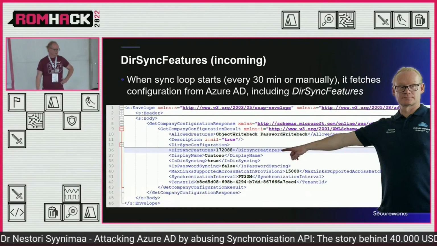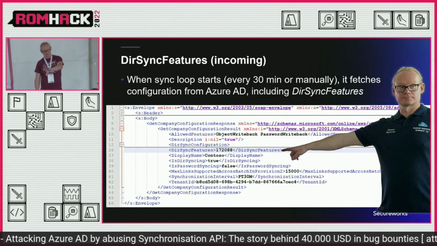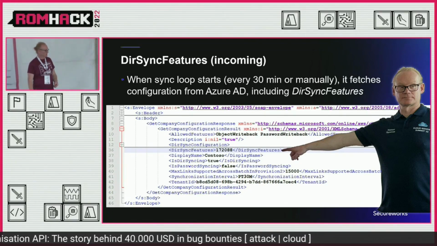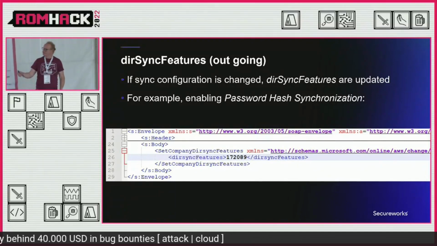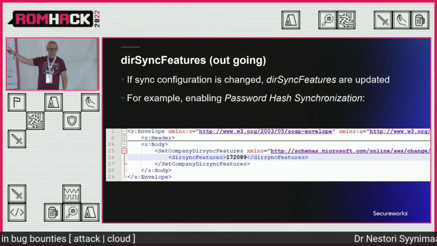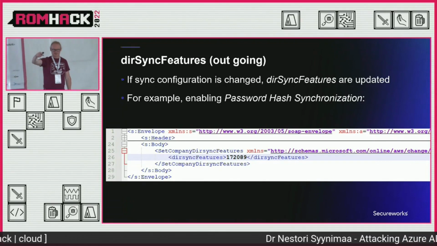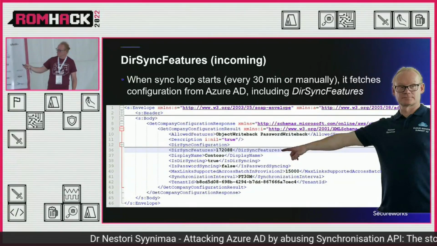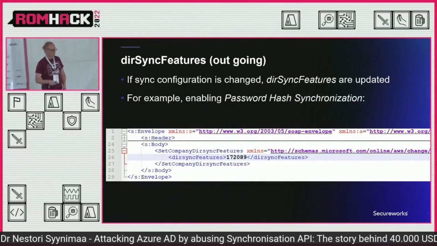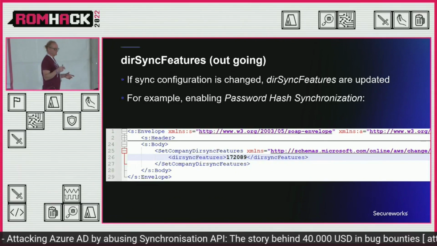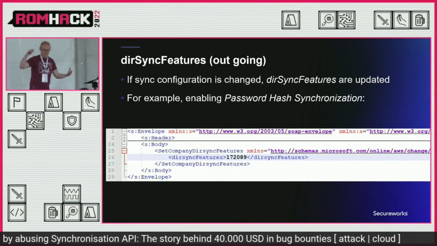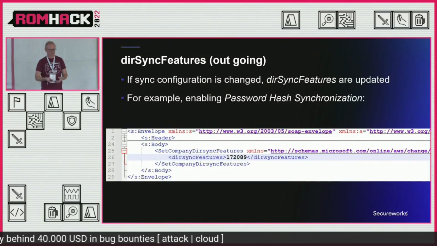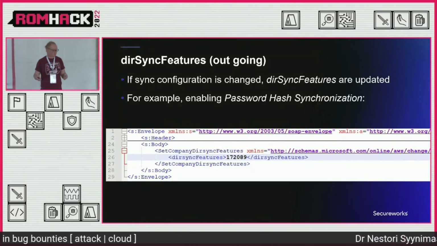Okay, and if you change settings in Azure AD Connect server, for instance, if you enable password hash synchronization, it sends the new number of the features back to the Azure AD. So now it's different. It's 89, and here it was 88. So this is the way the Azure AD and the Azure AD Connect are talking to each other. So what features are enabled? That's basically how they do that conversation.